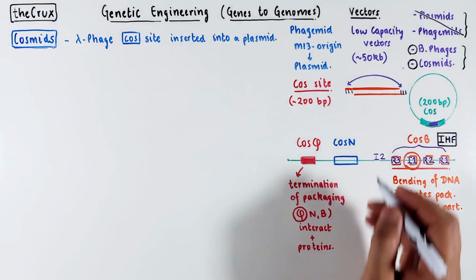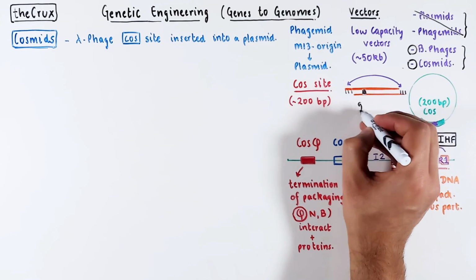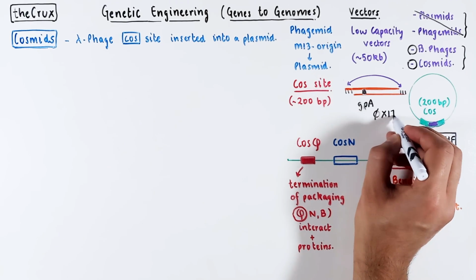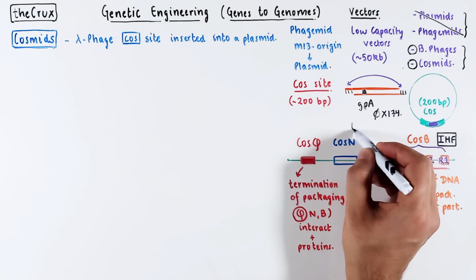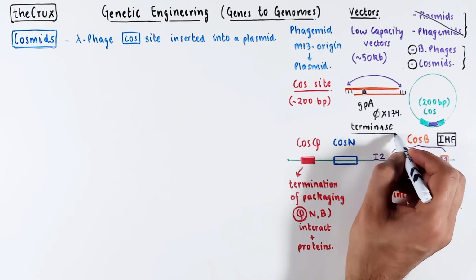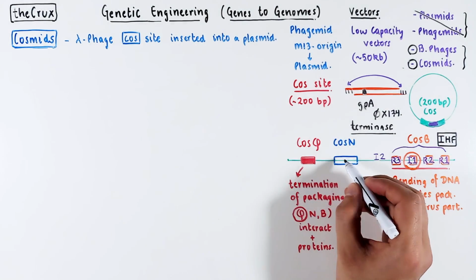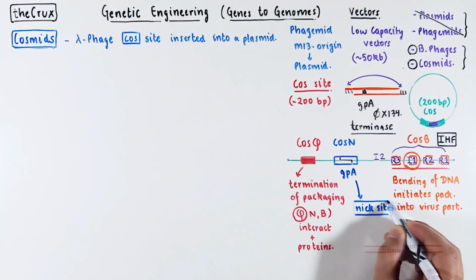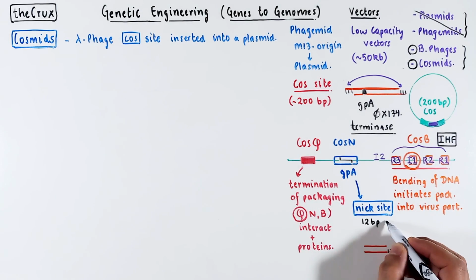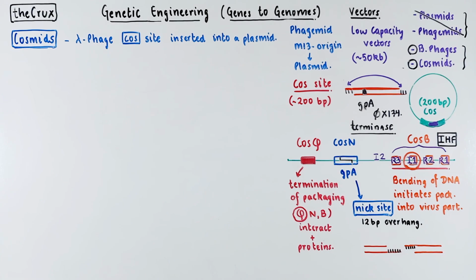The viral DNA, among many other proteins, encodes for a particular protein called protein A. If you have watched my Phi-X174 rolling circle amplification video, you know it is a terminase, meaning that it will find a specific site and nick it. So protein A cleaves the cos-N site, generating a 12 nucleotide overhang.